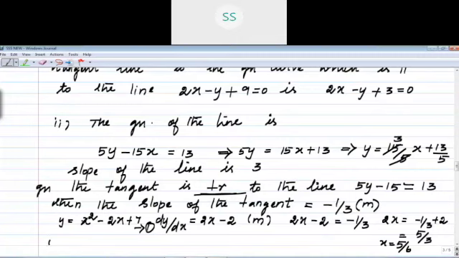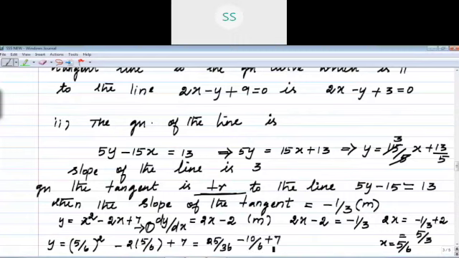Now y is equal to 5 by 6 the whole square minus 2 into 5 by 6 plus 7, which is equal to 25 by 36 minus 10 by 6 plus 7.